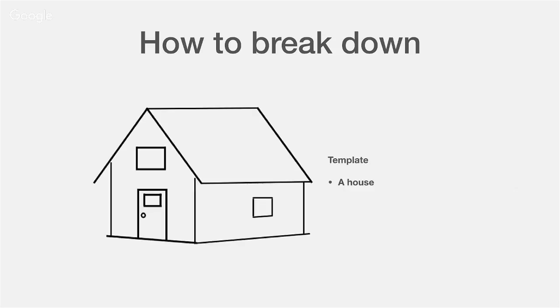A template of a house has different organisms. In this case, we see a roof, we see the front, right side, back, left side. Now, something you really need to do in your design library, in your atomic design approach, is look, do we have doubles, do we have things that you can reduce?